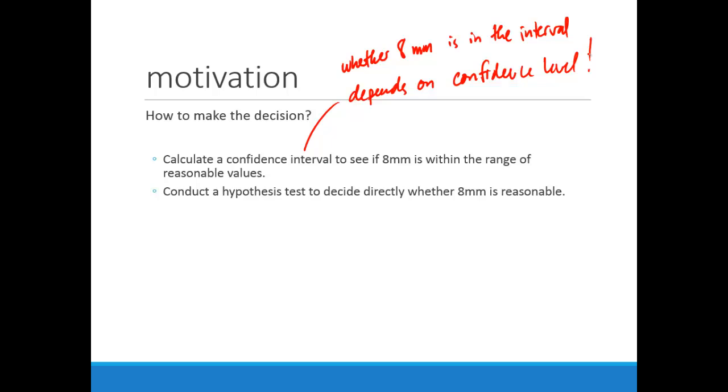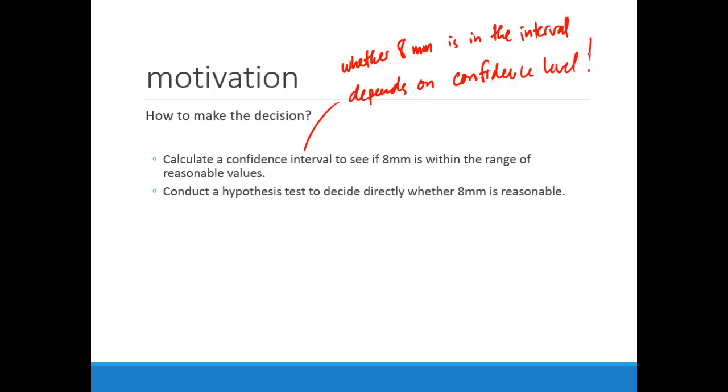There's some subjectivity in the confidence level you choose, and that maybe doesn't seem very satisfying. So that's my argument for also talking about this other thing called hypothesis testing.